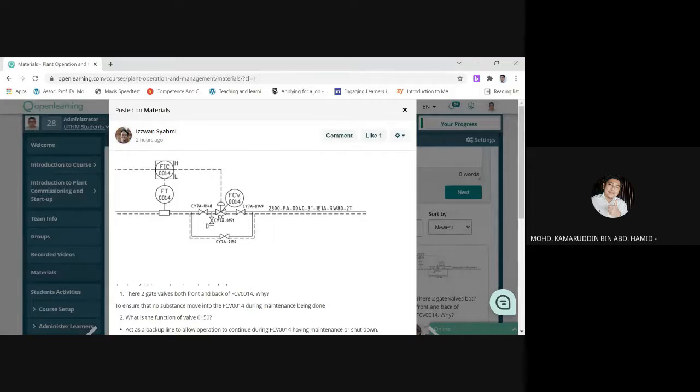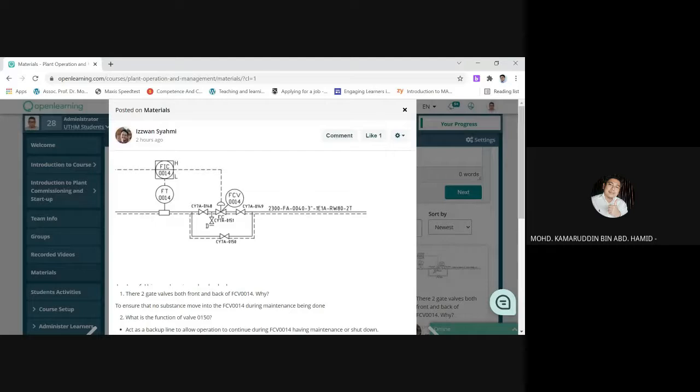Okay, what will happen? The cause, sorry, the source, or the consequence. You need to first analyze in terms of the source. What caused no flow to this stream?